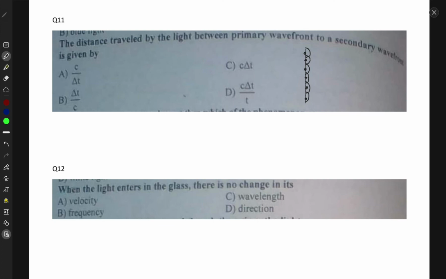And these would give rise to the maximum point on these wavefronts, to a new wavefront, something that would look something like this. Now they're asking you the distance which is traveled by light between these two wavefronts, right? So this one, which is the primary, and this one, which is the secondary.